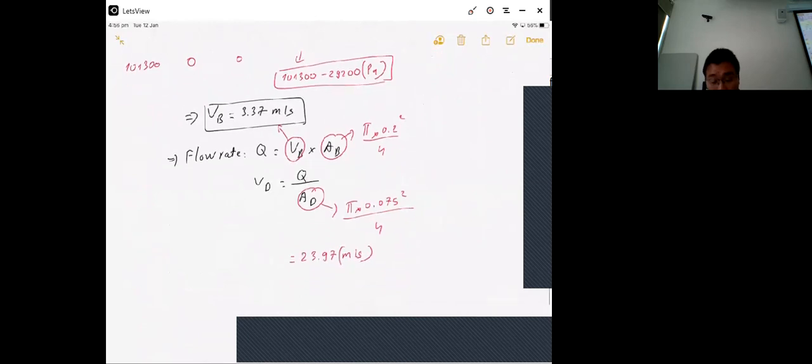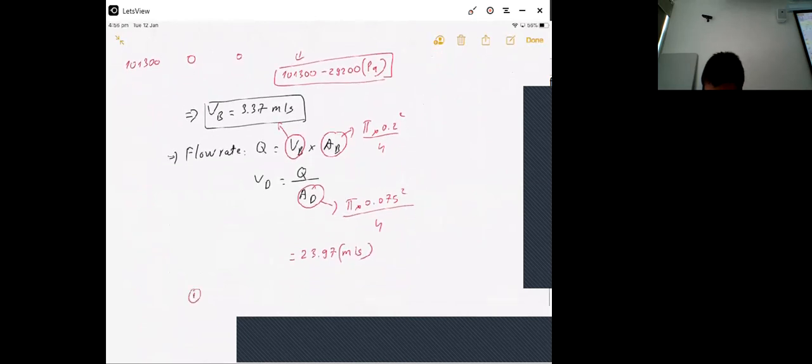So when we have VD from equation 1, we can find the pump head, which is 32.6 meter. And from the pump head we can find the pump power, P pump equal to rho g Q times the head, and this one is 33.9 kilowatt.